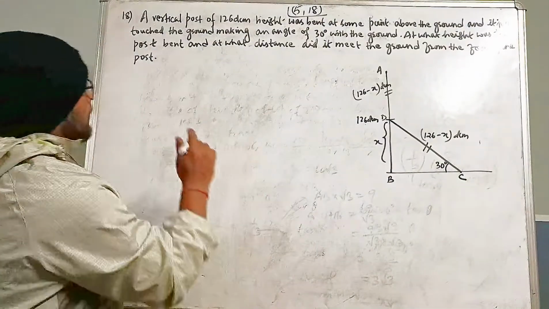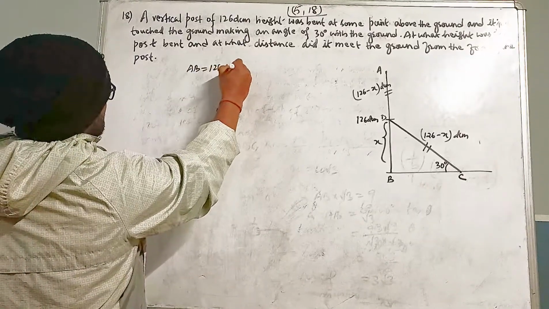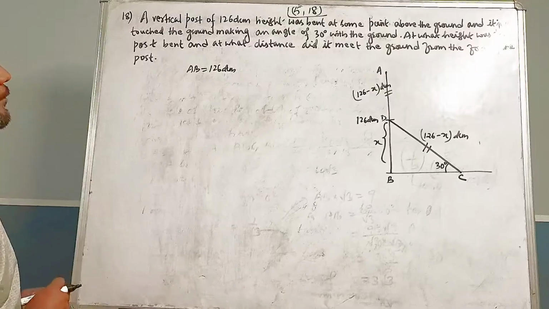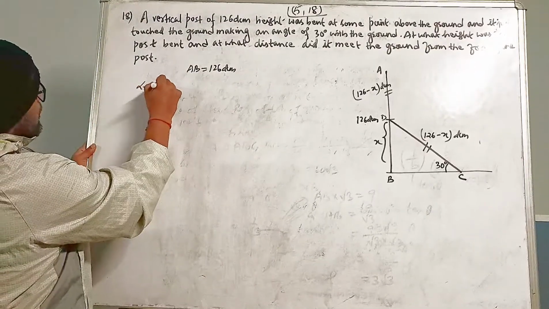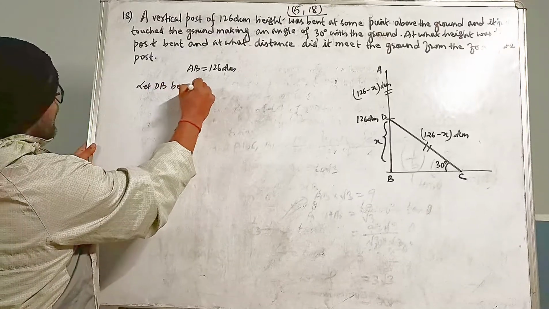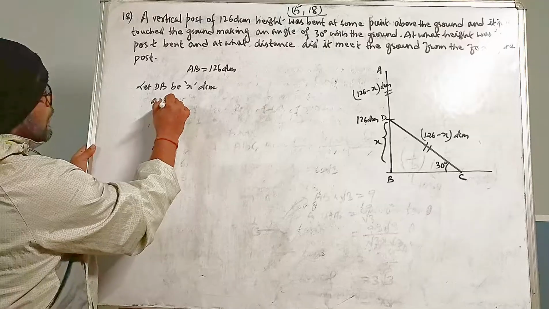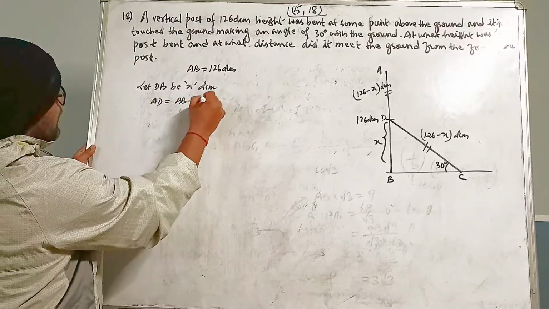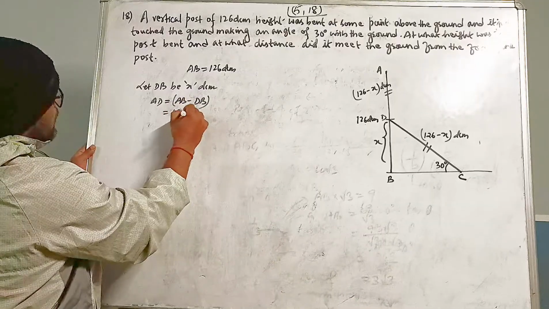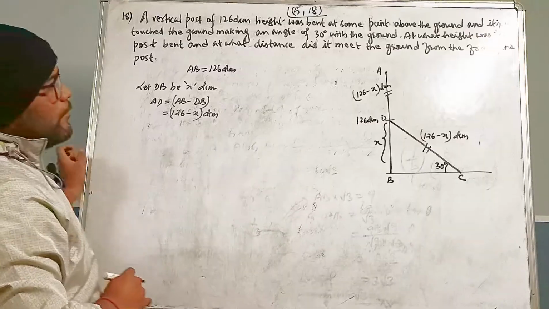Now I am writing here AB equals 126 decimeter. Clear? And let DB be x decimeter. So from here you can see AD equals AB minus DB, which equals 126 minus x decimeter. So this is the value of AD.